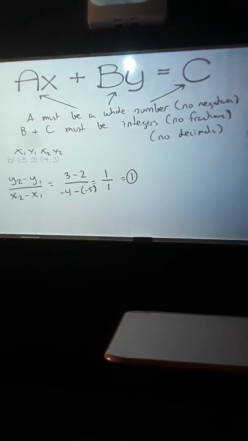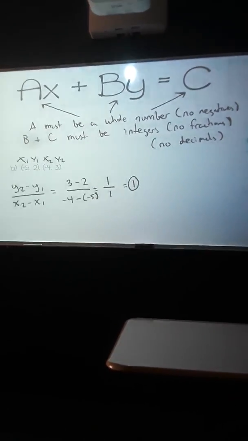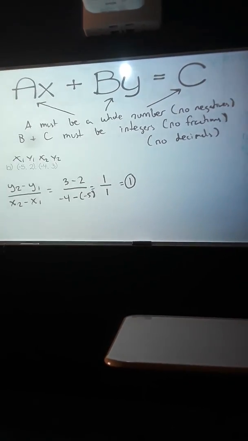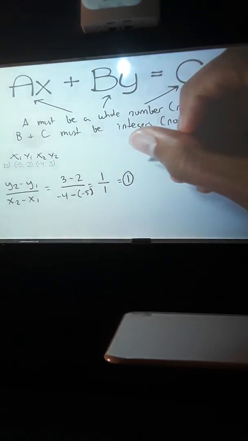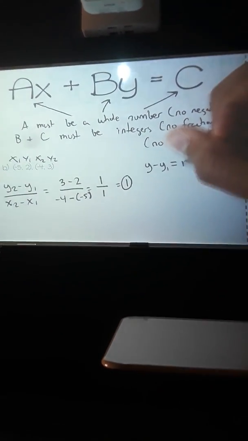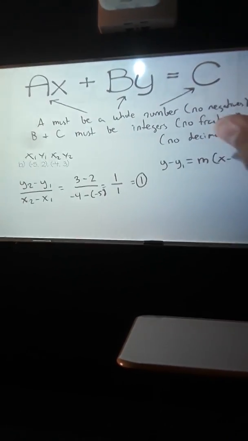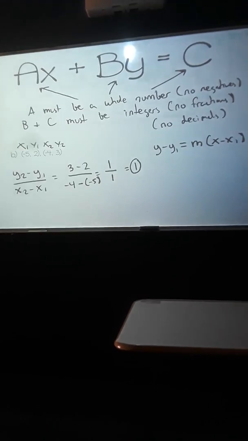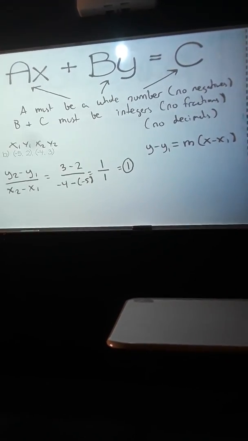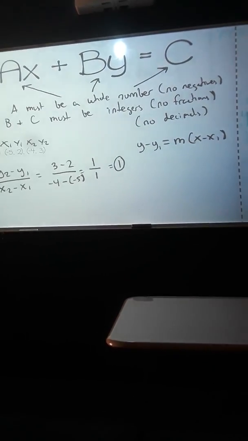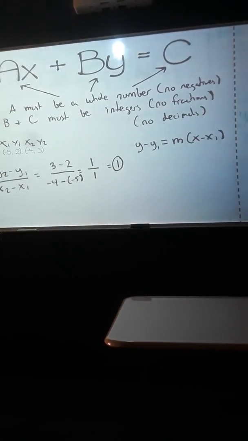Now, that's important because we can now put this in point slope form. Okay? Remember, our point slope form is y minus y1 is equal to m times x minus x1. We are going to replace our letters with our numbers.